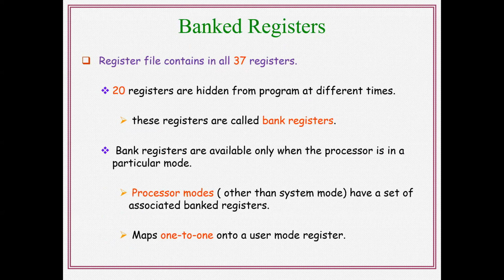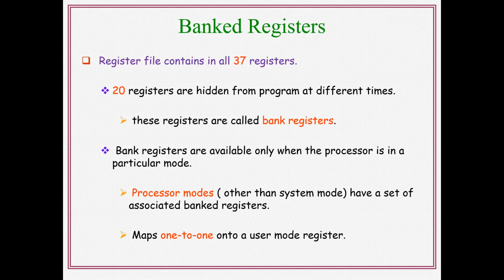Next one is banked registers. Already we discussed that the register file contains 37 registers in all. Of the 37 registers, 20 registers are hidden from the program at different times. These registers are called banked registers, also called hidden registers.